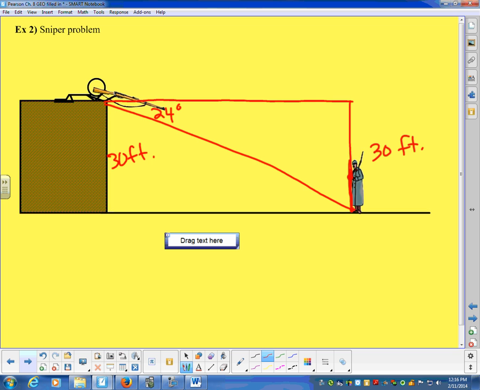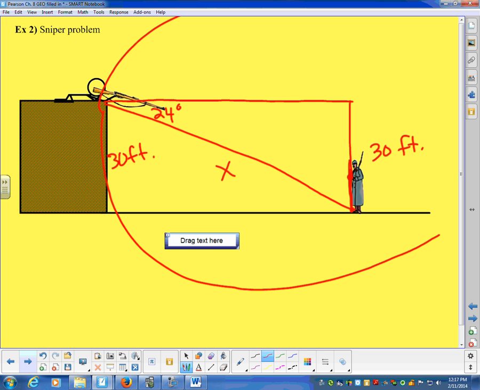The question is, he's got this infrared device built into the toe of his boot, and we want to know what this distance x is, because the infrared device will detect the sniper if he is within a radius of 70 feet. If you were to draw a big circle around, this is the radius of that circle. My drawing's not very good there, but I've got to find the hypotenuse.